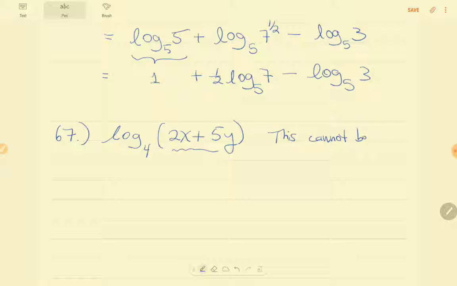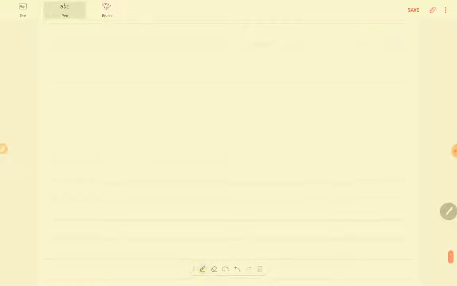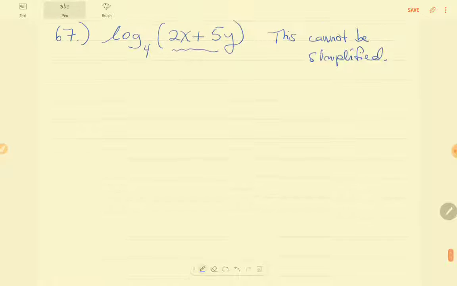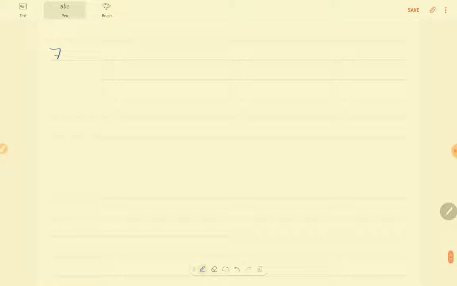Sorry. It is already as simplified as it's going to get. How about 71? 71 is log base 2 of AB over CD.